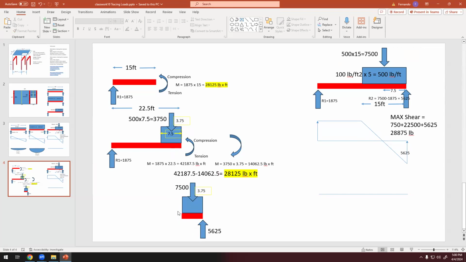And now I want to calculate the moment here. What is the distance? This distance is 7.5. So the length of this red bar is 7.5. And the distance between this resultant and this point is 3.75. So I'm going to do it quickly.